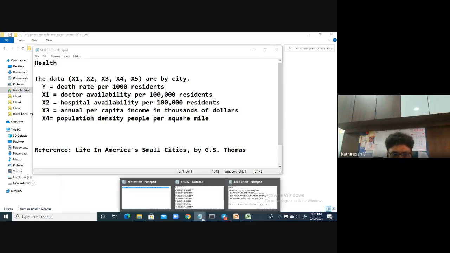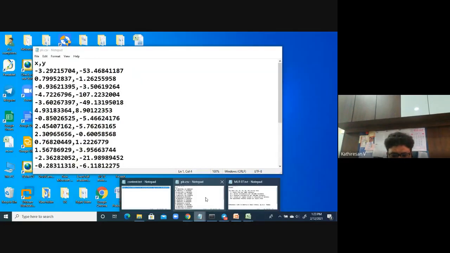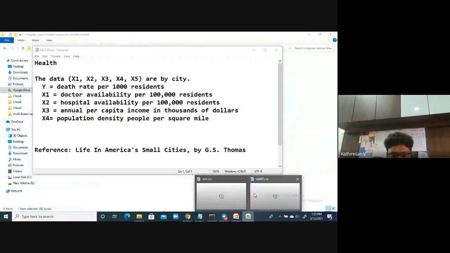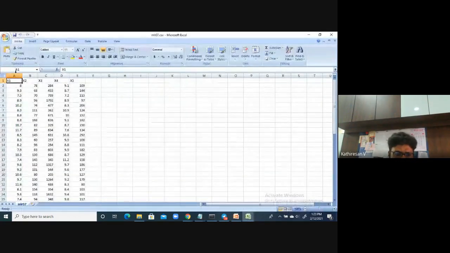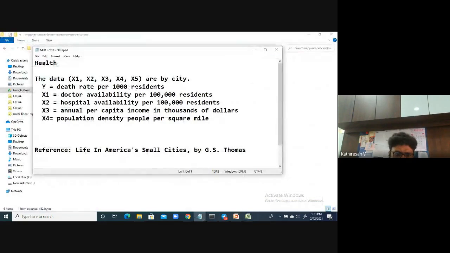In this particular data, consider the first attribute as death rate per thousand residents, and have it as y.